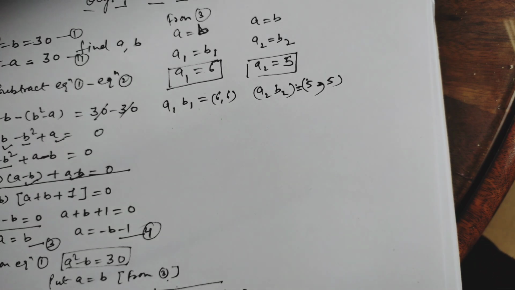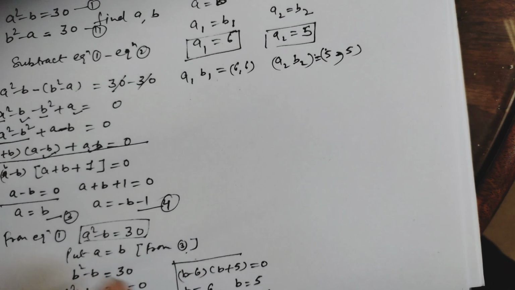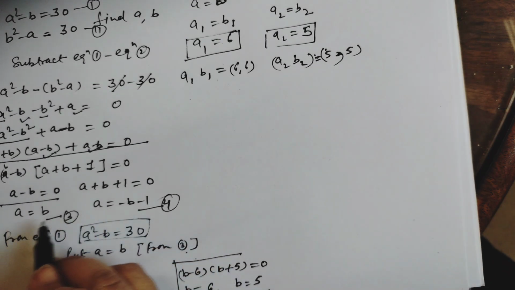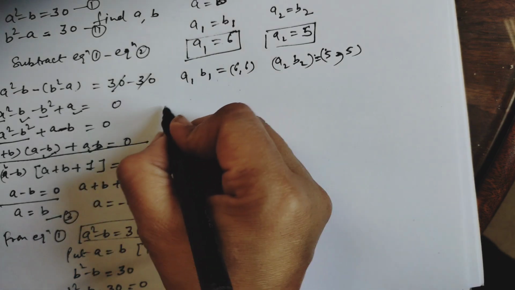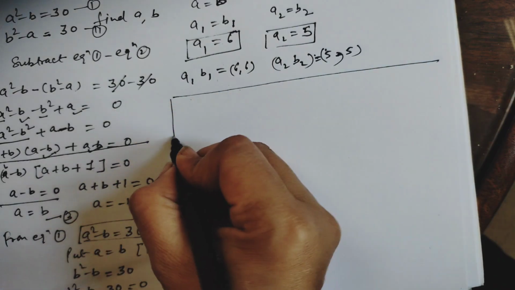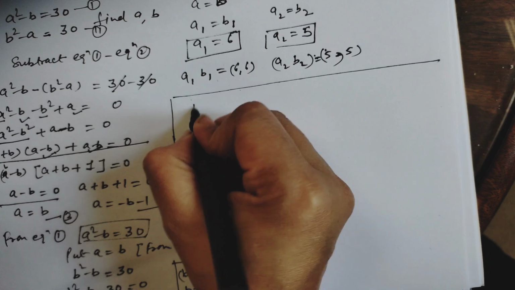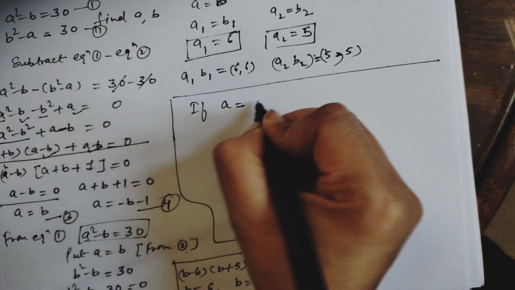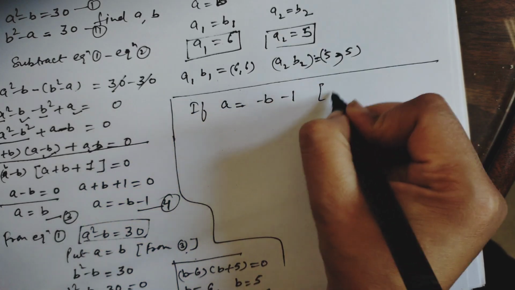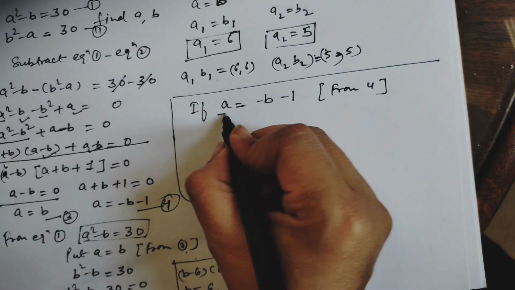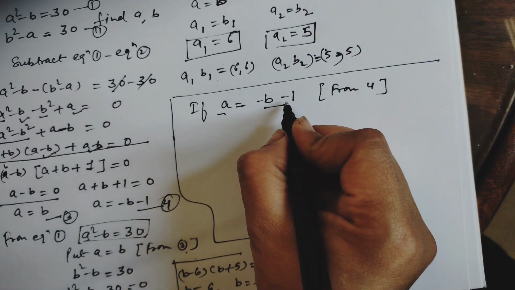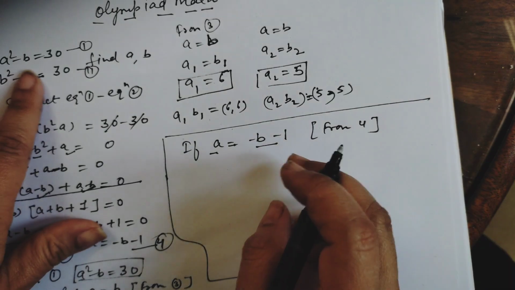Now we know there are two equations, equation number 3 and 4. Suppose a equals minus b minus 1, this is equation 4. Now put this value, minus b minus 1, into any of equation 1 and 2.